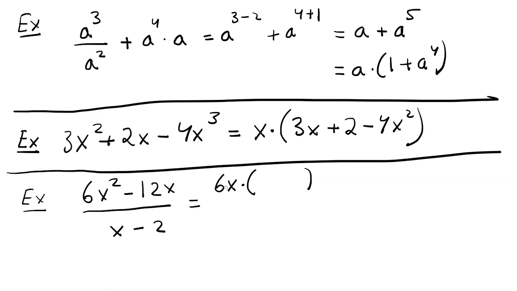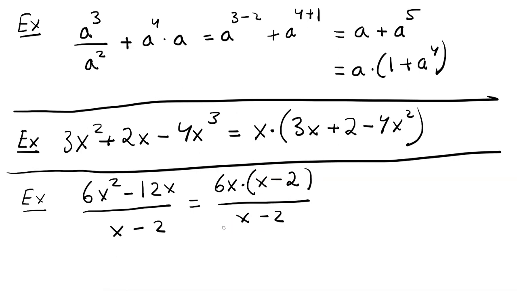And what remains here then? 6x times something should equal that, and then we must have x. And 6x times this should equal 12x. That must be 2 here then. But now we see that we have this number, and this is the same number down here. So this represents a number.